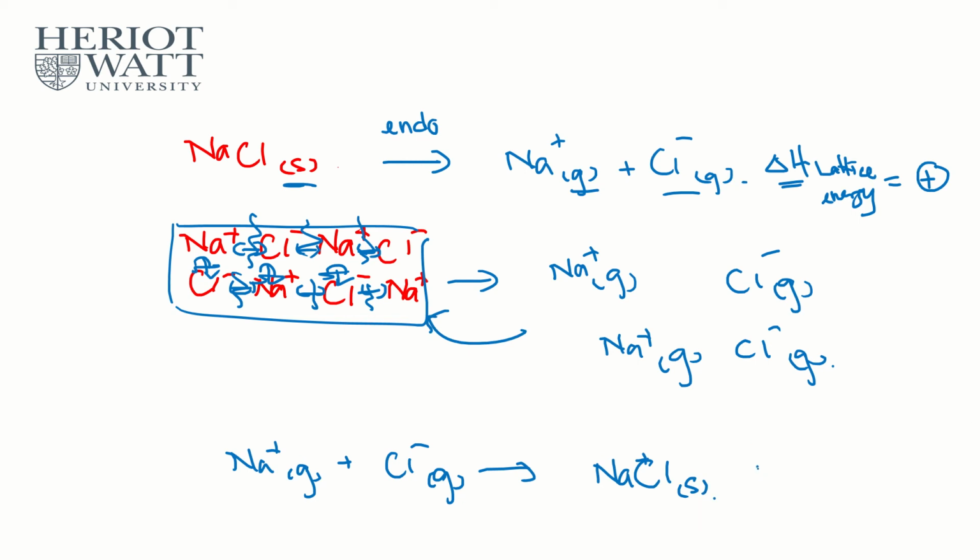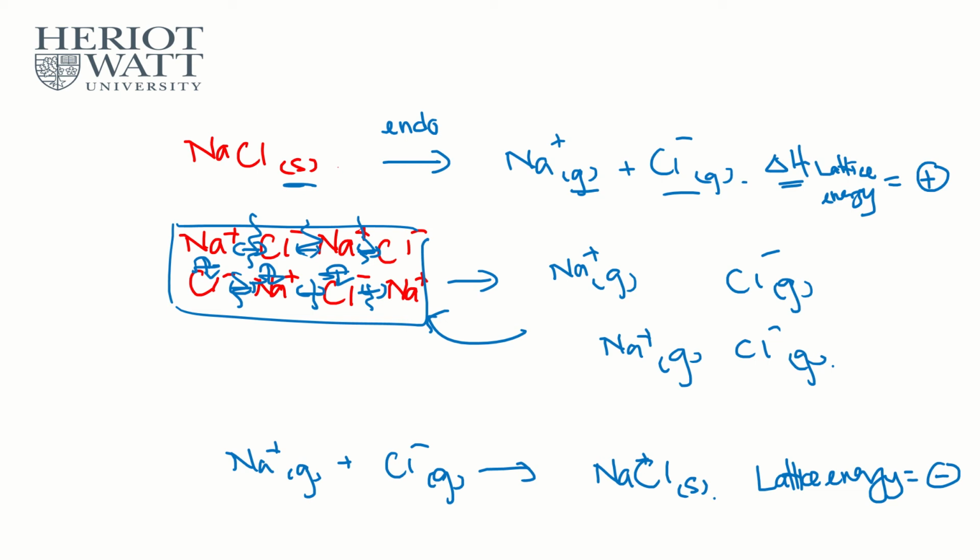Obviously this is also known as lattice energy, okay, but the sign will be the opposite, which is negative. All right, so one is absorbing heat to break the bonds to break down an ionic solid, another one is to combine the gaseous ions to form 1 mole of ionic solid, both known as lattice energy.